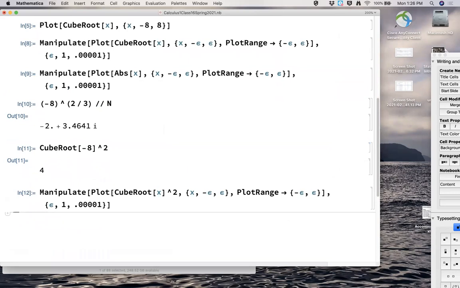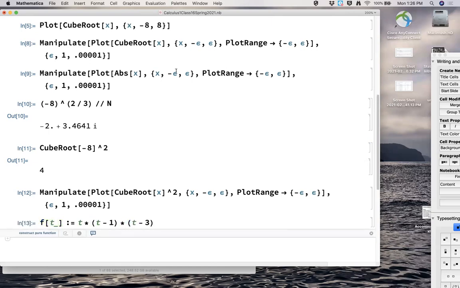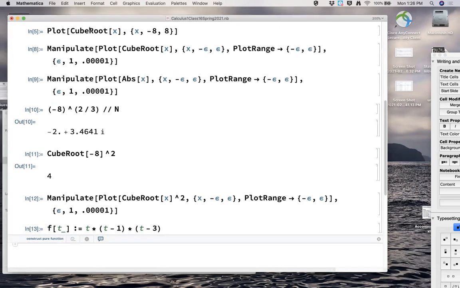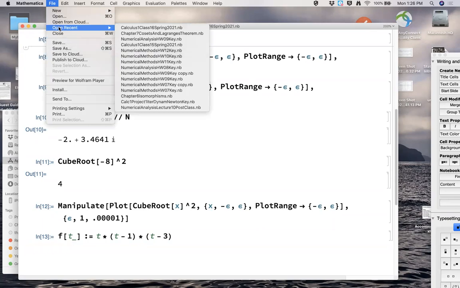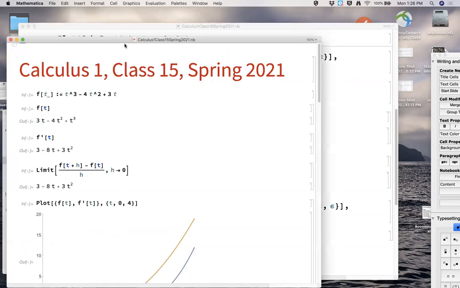Let's go back to that example from last Friday. F of t was t times t minus 1 times t minus 3. And in fact, let me reopen the one from last Friday just to save some time here. If I have it in my recents, hopefully. Yes.